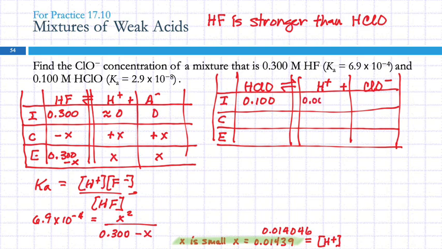So 0.001439, I'm just going to use the x is small. How about hypochlorite ion? What's its concentration? 0. So this one is 0. The reaction can only go to the right. So this is plus x, and this is plus x, and that's minus x.